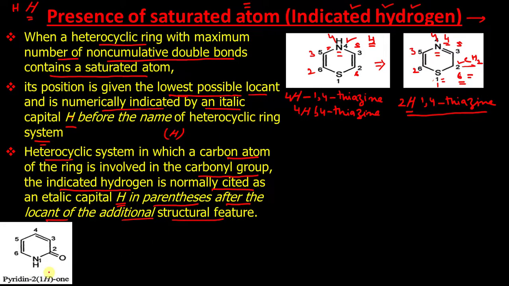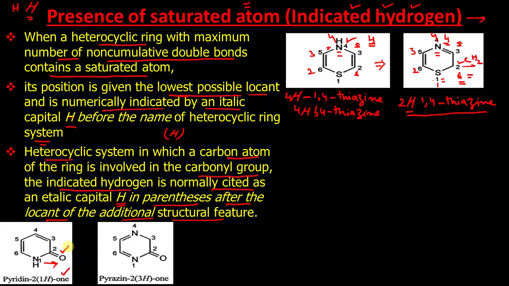You can see this structure has a carbonyl group, so its name becomes pyridine. Pyridine name is accepted, pyridin-2-one. It is pyridin-2-one, but we have saturated center at position 1. So what we write? Pyridin-2(1H)-one. This is how when we have a carbonyl group we name these compounds.